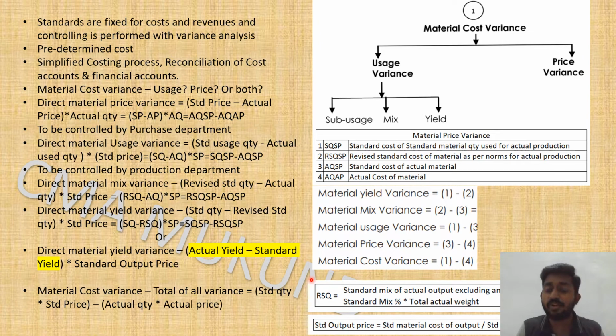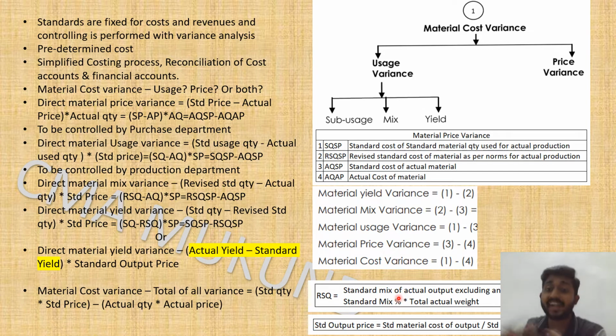But what is the standard for it? That would be given in the question. For example, 50 percentage of A and 50 percentage of B is the standard. So 100 kg of C is produced, which means 50 kgs of A and 50 kgs of B has to be used, and that is standard, and that is called revised standard quantity.